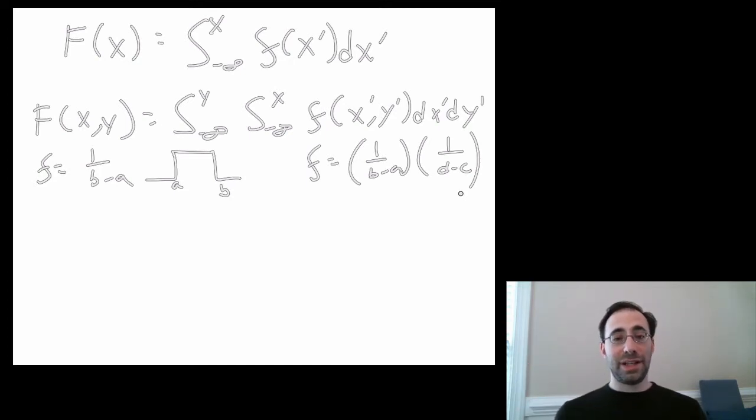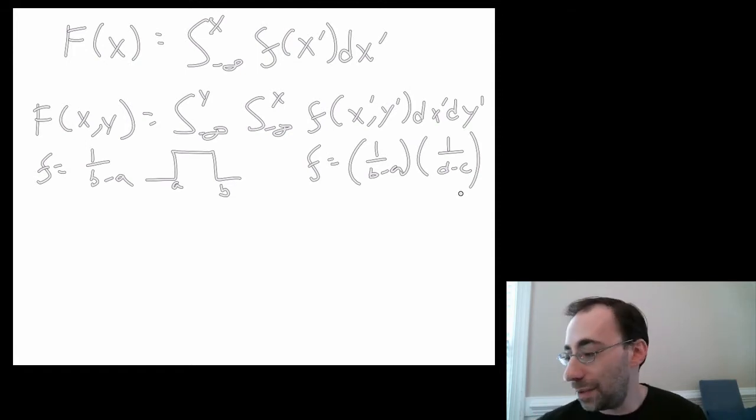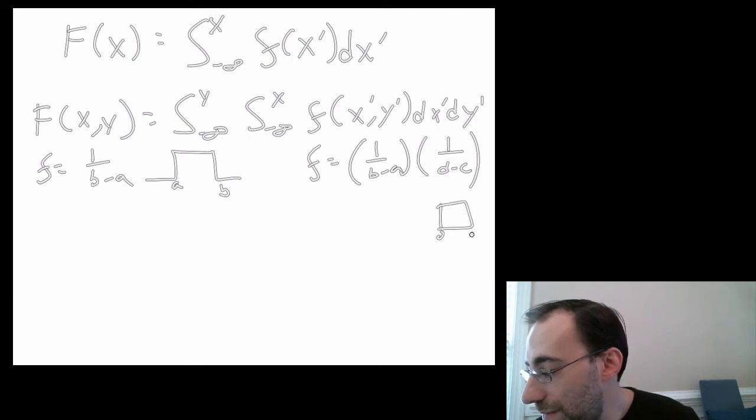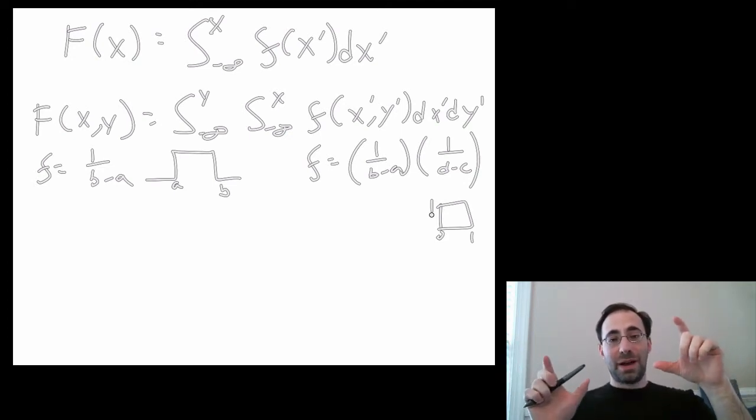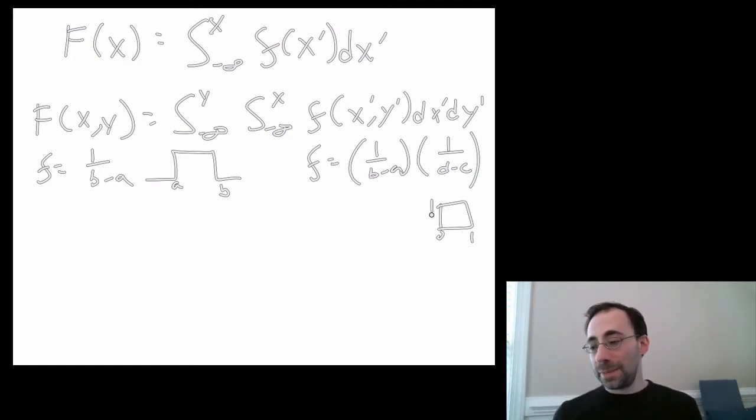If a and b and c and d are 0 and 1, respectively, for both cases, you get a square. You would get a little 0, 1, 0, 1, and you'd be 1 inside the square and 0 outside. More generally, you don't need to necessarily get a square, but that's the point. The point is you have a 2-dimensional case.